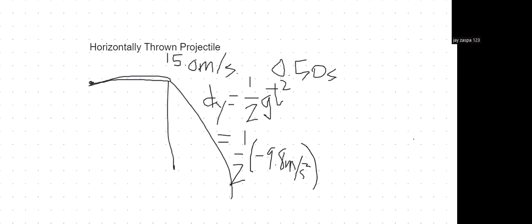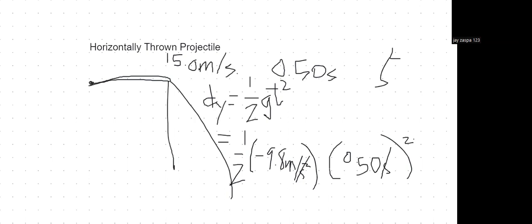Okay? So we're going to put here, since it's a time, we can write here time. What is the time? It is 0.5 seconds. Then this is squared. Since it's a multiplication, the squared will be applied to the 0.5.